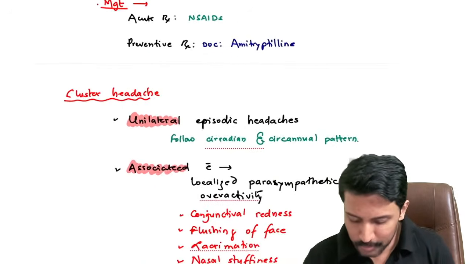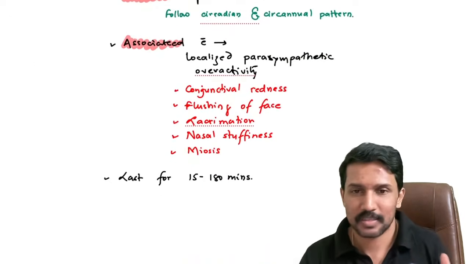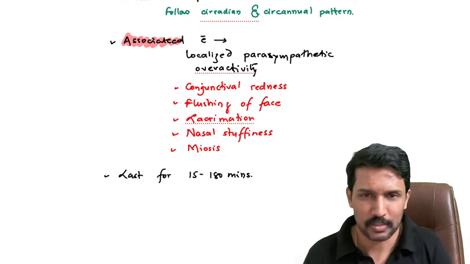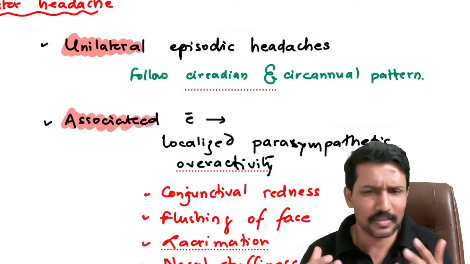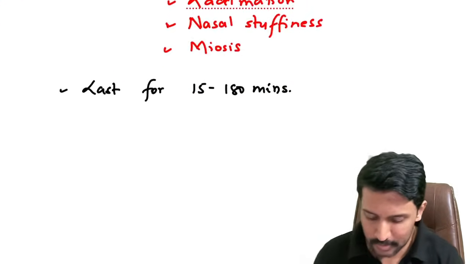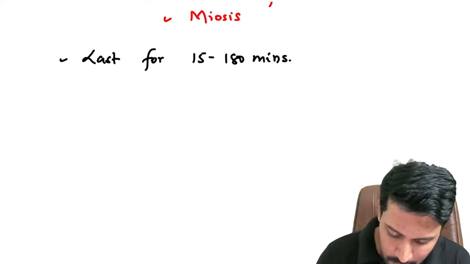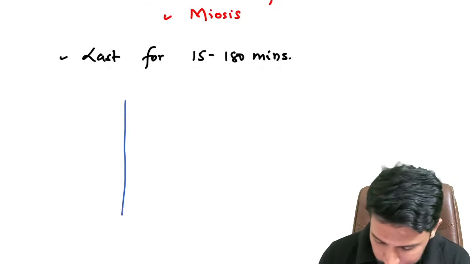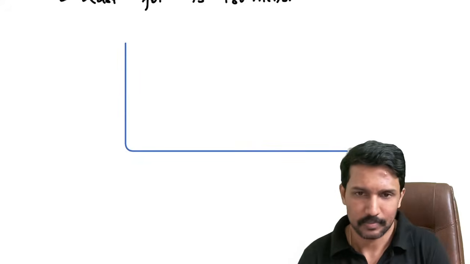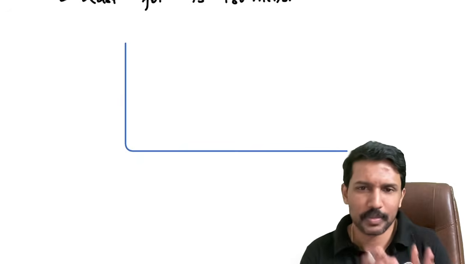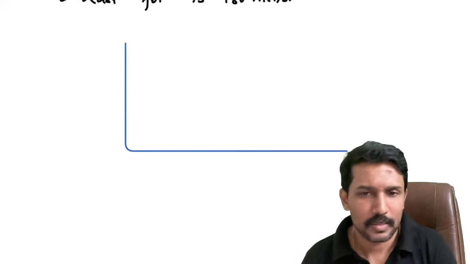Okay, so just to make you understand, you don't have to sketch this graph, but it is for your conceptual understanding. As long as you mention follow circadian and circannual pattern, it is more than enough. But I want you to understand what that means. So let us say that I have got 2 patients. One of them is having migraine, one of them is having cluster headache.